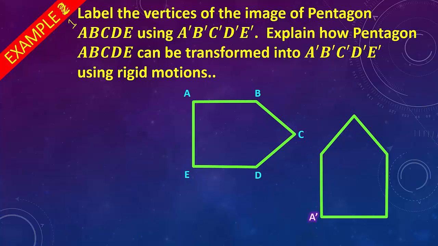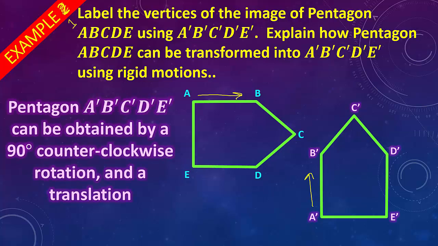If you turned this, A prime would be there, and then notice it goes up towards the point, so that would give us B prime, then C prime, then D prime, and then E prime. So we've labeled all the vertices. A vertice, or vertex, vertices is the plural of vertex. A vertex is basically where an angle is formed by two sides.